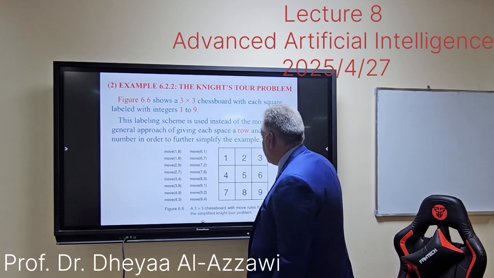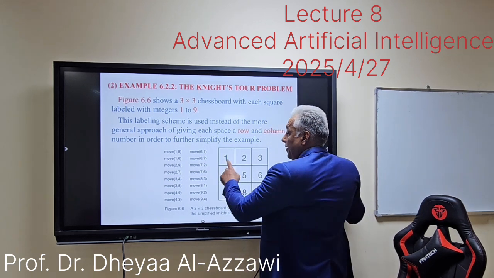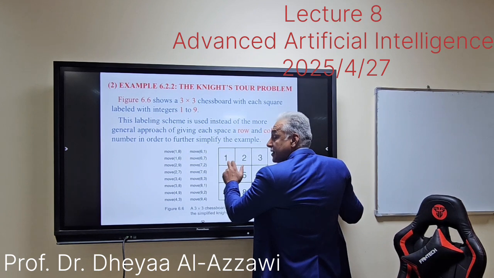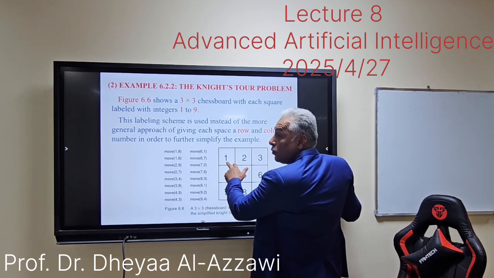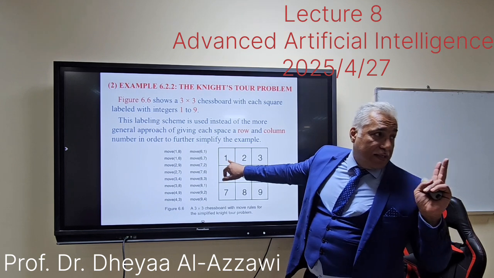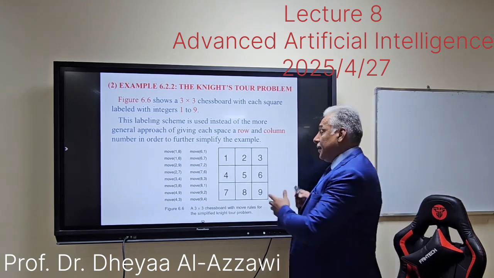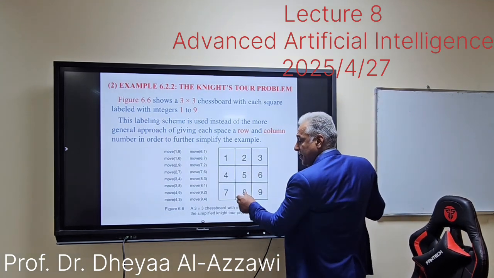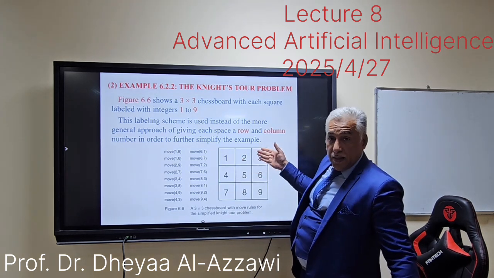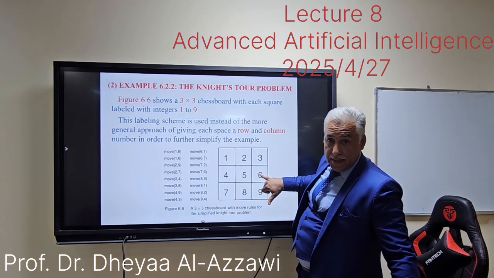Like this, for example, when the knight is landing on square 1 and wants to move, he has 2 places, either this place or this place. One, two, and then orthogonal, this is 6.